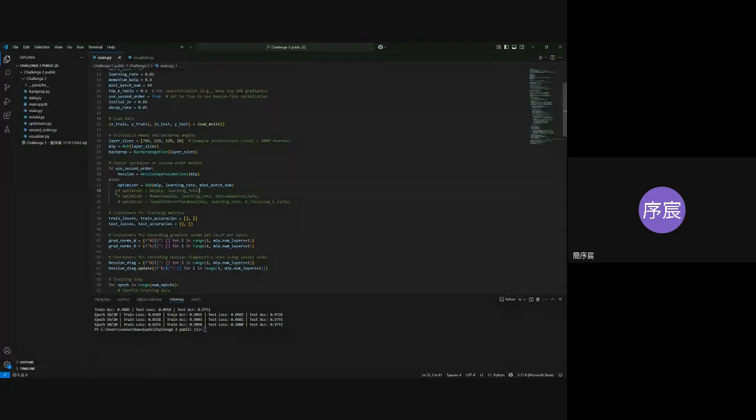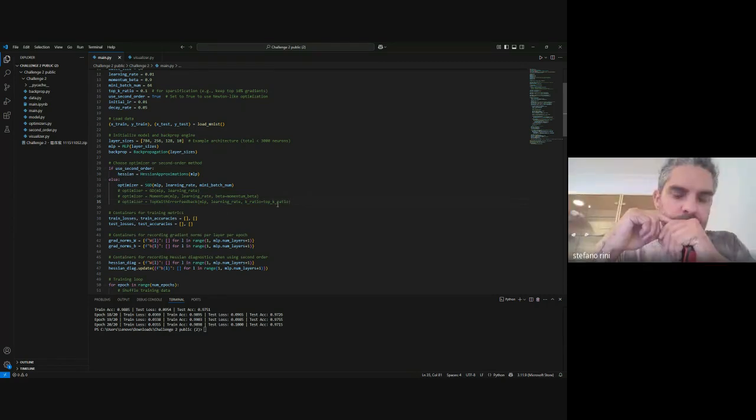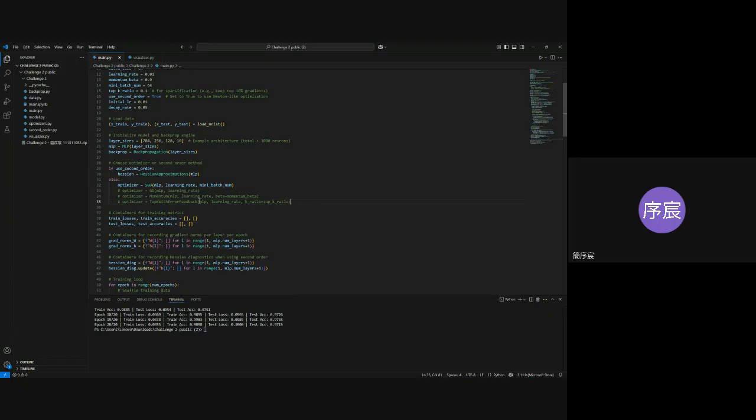We only need to change the comment here, changing the optimizer to, for example, GD, momentum, or top K. Just need to change those, and it will switch to the corresponding optimization.